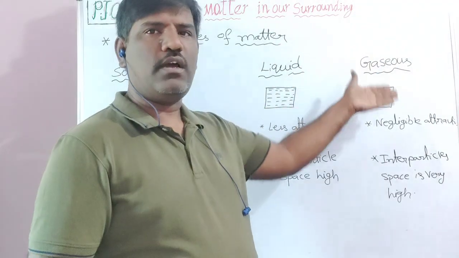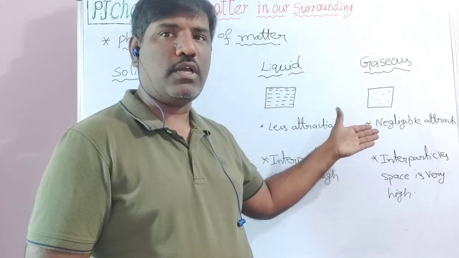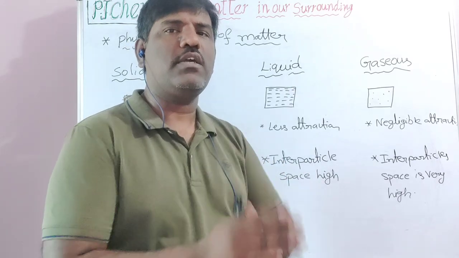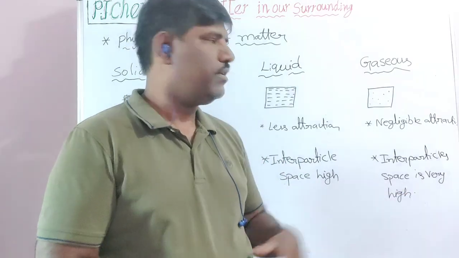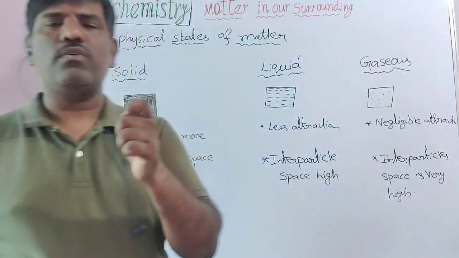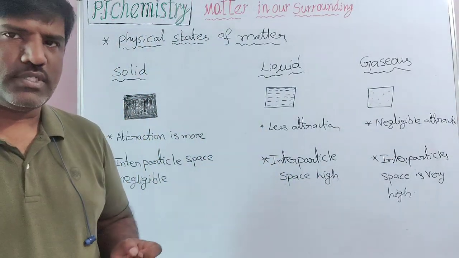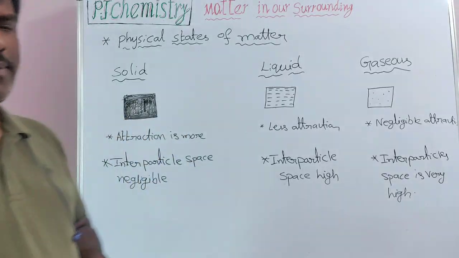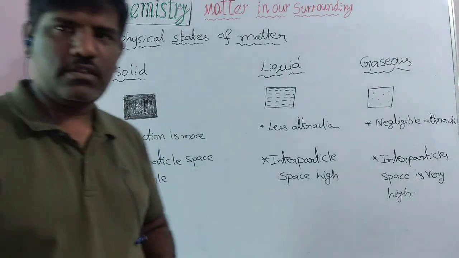Gases: attraction is negligible, but when attraction is negligible, space between the particles is very high. Based on these two properties, you can solve many questions as a reason. Thank you, children.